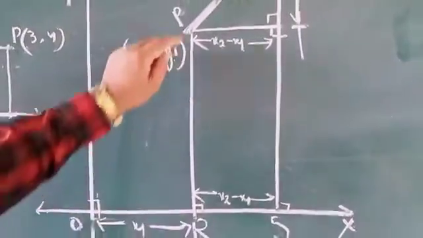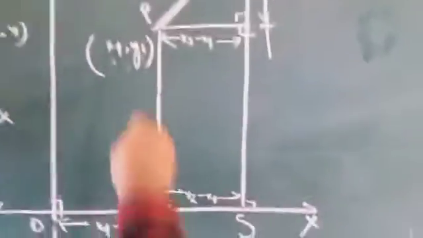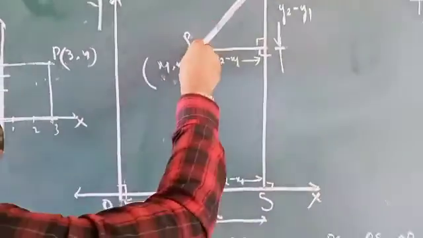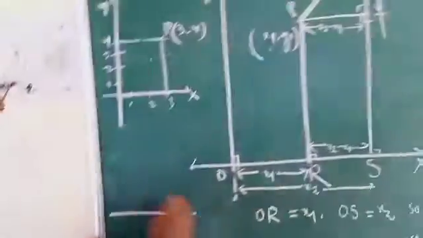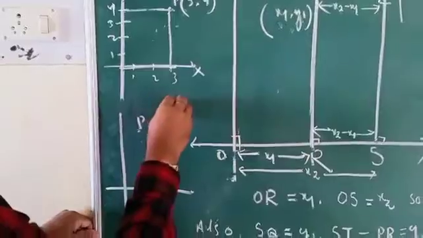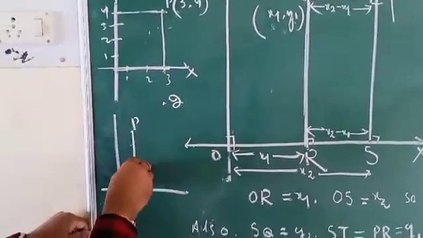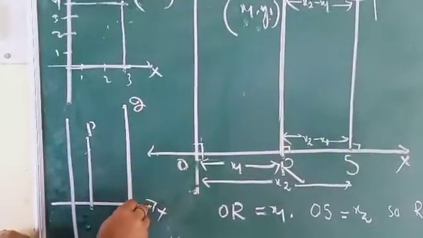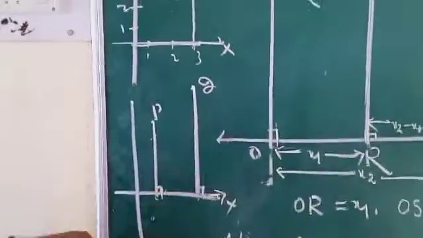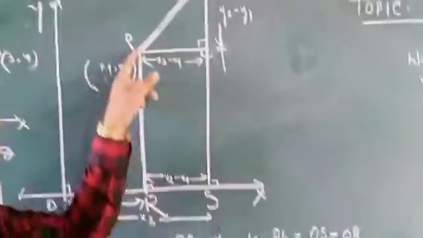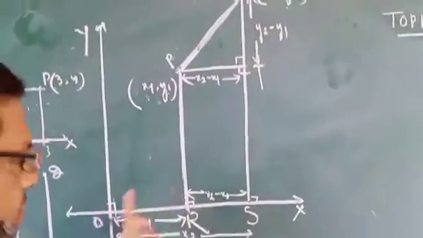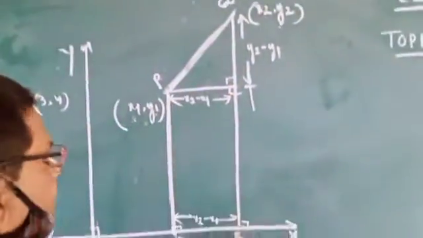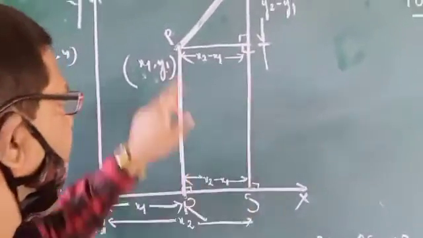Now you see, from P you draw the perpendicular to OX like this. I have drawn it. The figure is given like this. This is P and this is Q. So from P, draw the perpendicular PR to OX, and from Q, draw the perpendicular QS to OX.